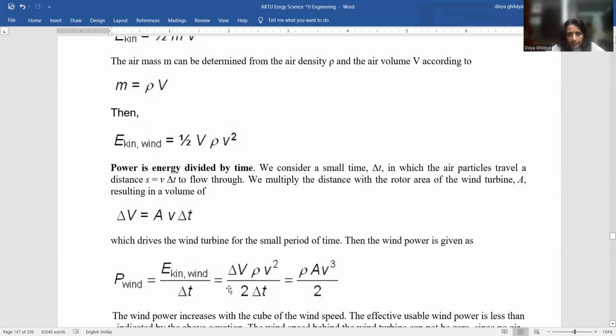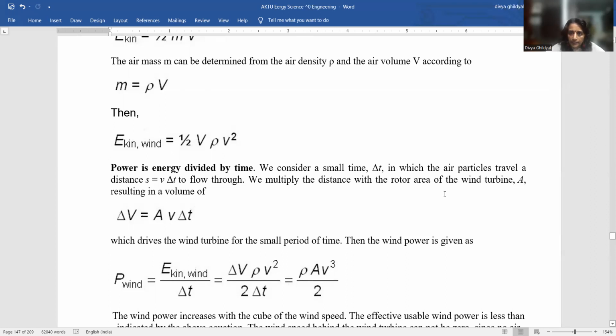And power is energy divided by time. So we consider a small time t in which the air particle travels a distance s, which is speed into time, to flow through.